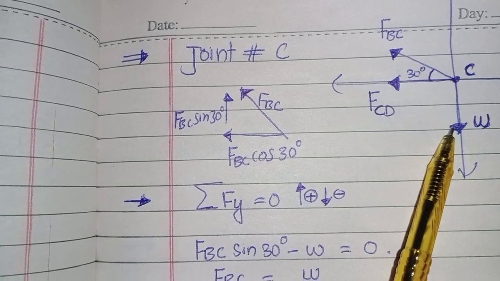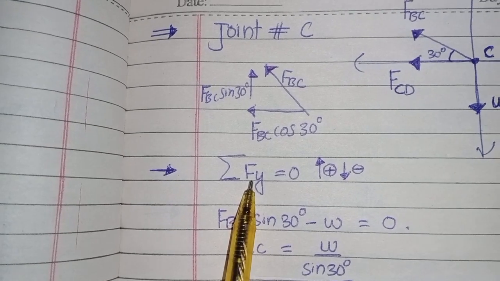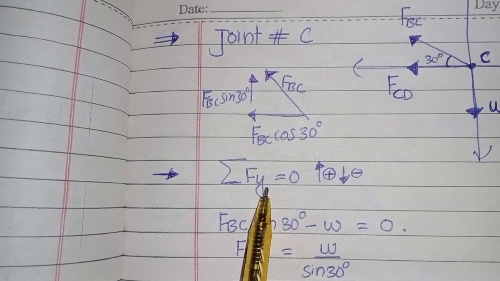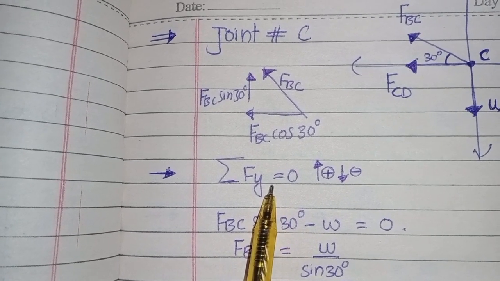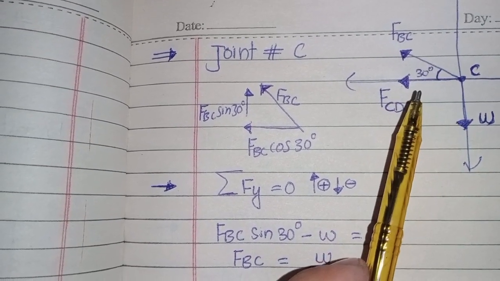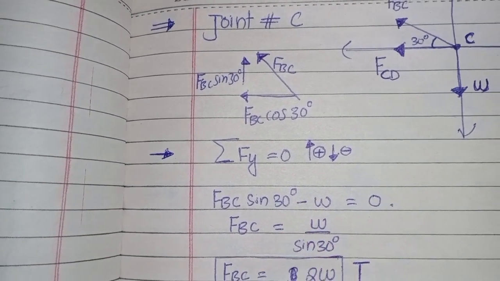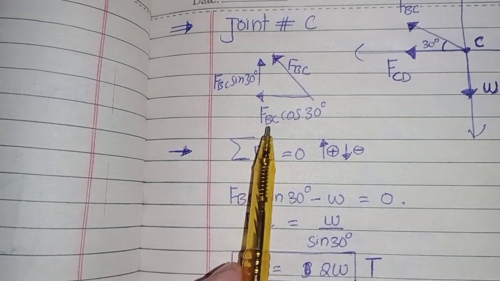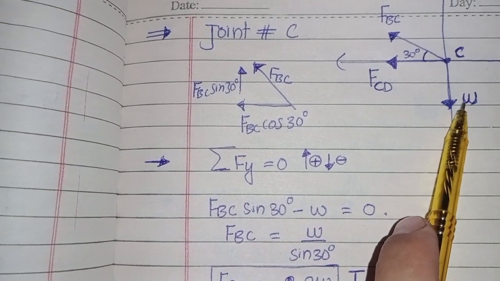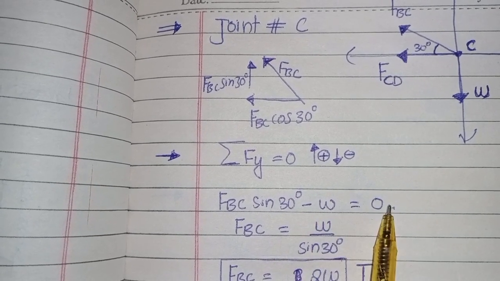First I want to take the equation of summation of all forces in the y direction equal to 0, because among the vertical forces there is only one unknown force, so we can easily find it. So FBC sin 30 minus W, since the force directed downward is taken as negative, equal to 0.